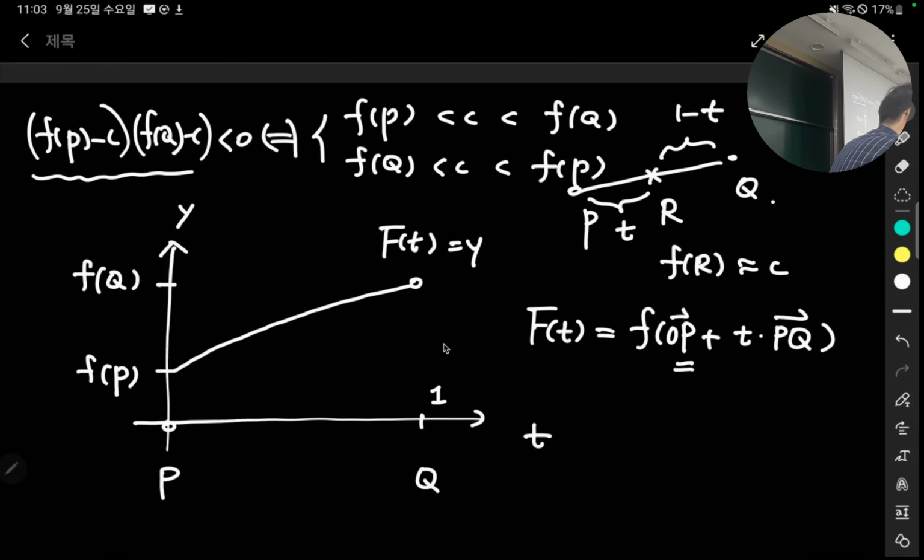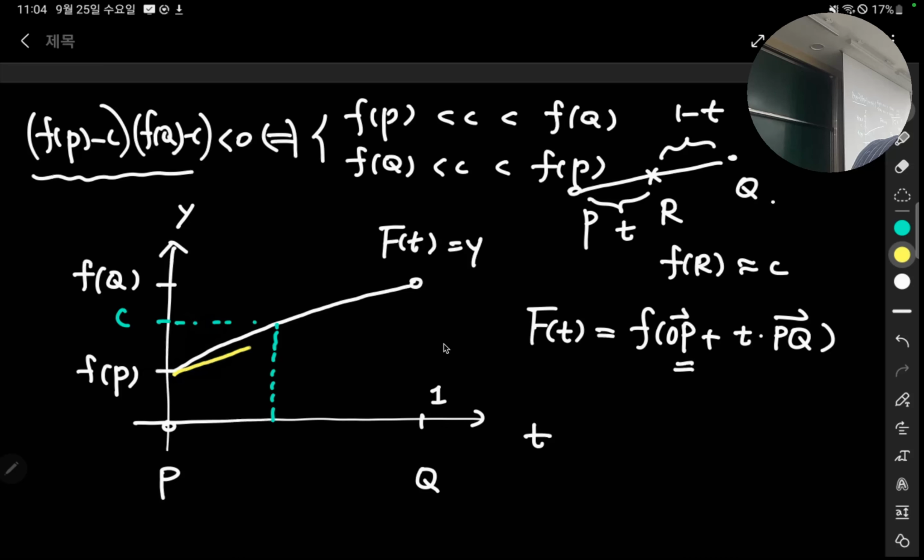I want to approximate where my C is. Actually, C is here, but I don't know the function. If I knew the whole function, there would be no need to graph it. I don't need that exact point.